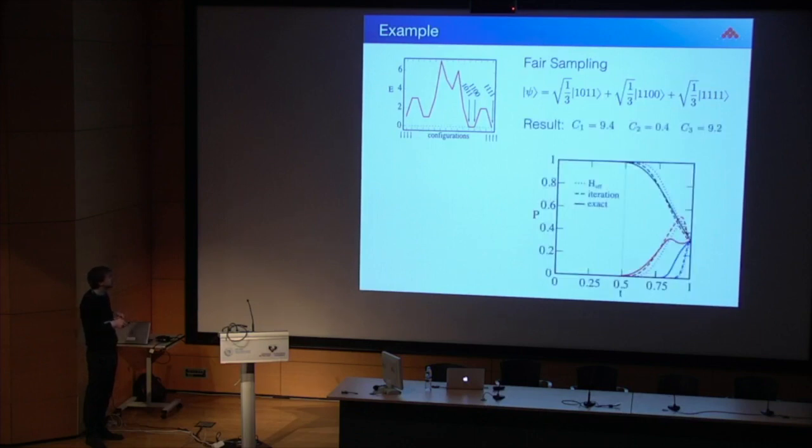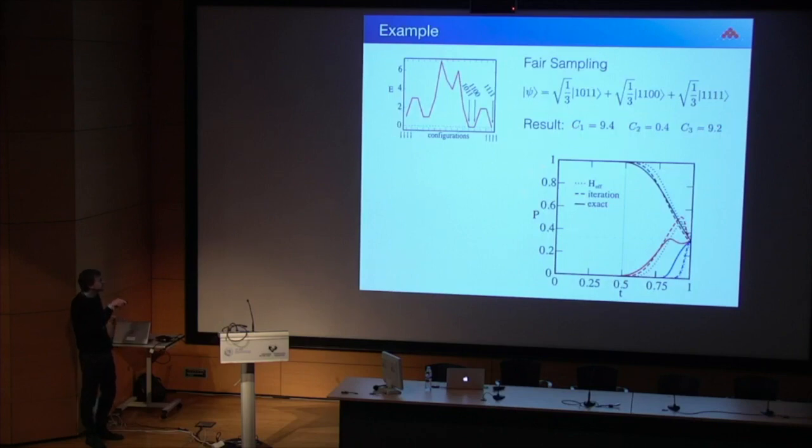So here is an example where we start with a Hamiltonian. We programmed our Hamiltonian in such a way that these three patterns are ground states. And then we use our analytical theory to calculate these constraints. So in this case, we would get out these numbers.